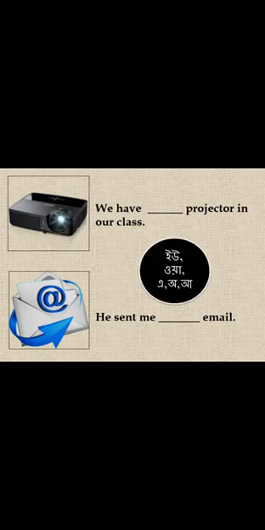U, wa, A or E: here this type of sound doesn't come. That's why here will be AN. P is a consonant. That's why A. And email, E. There was no U, wa, this type of sound. That's why AN.